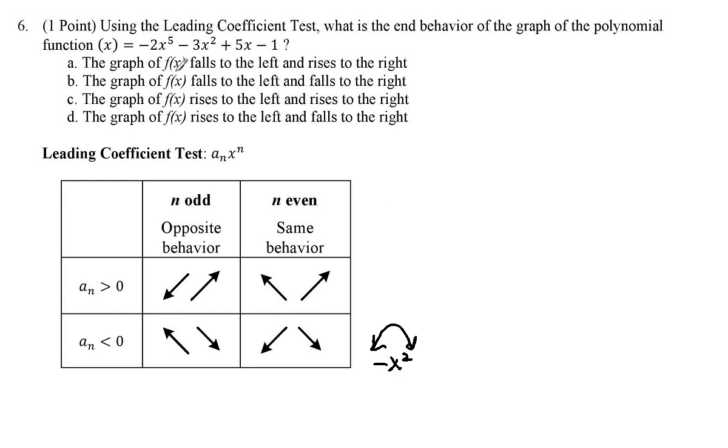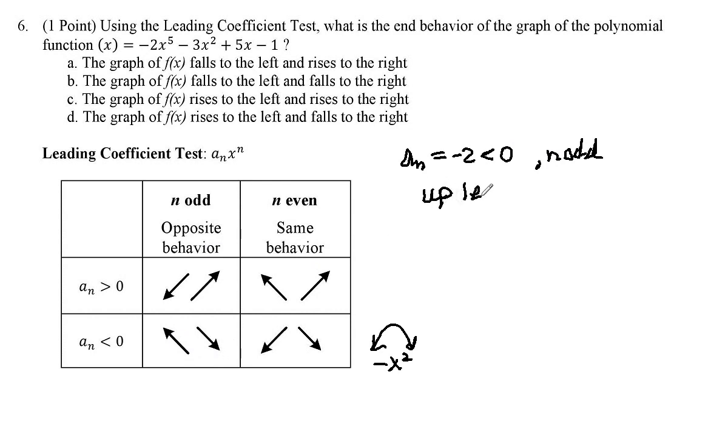So we look at ours, and it's odd, so that's this column, and our a sub n is negative 2. Okay, so a sub n equals negative 2 is less than 0, and n is odd. Okay, so that is this case here. So it goes up to the left, down to the right.